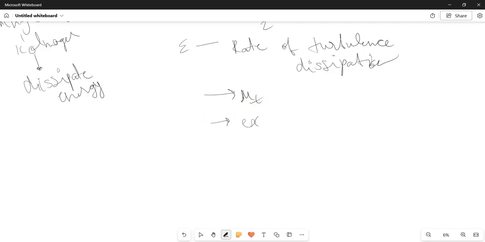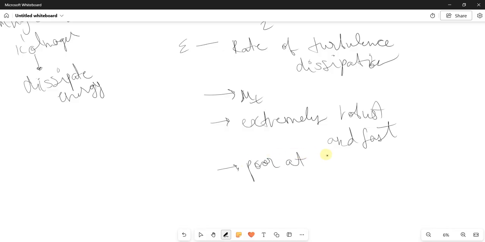So this is extremely fast. It's robust and fast. Robust means it's very accurate and fast, but it's very poor at separations and boundary layers, right? The predictions it makes at walls and separations are very poor.